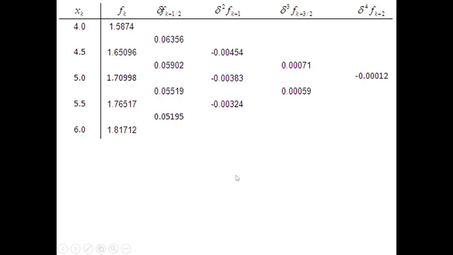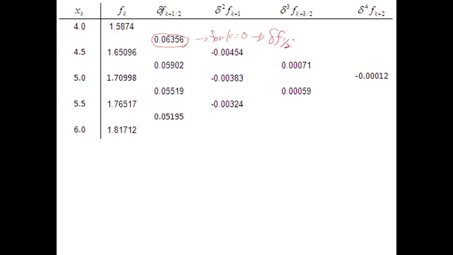Now in this case, how did we get 0.06356? We start with k equals 0. So in that case, it starts with 0. So this is now delta f sub 1 half.